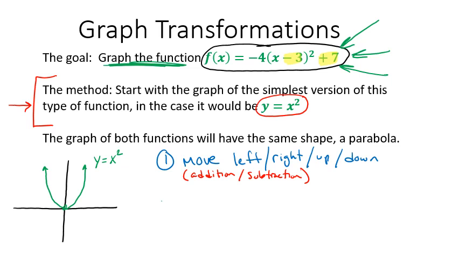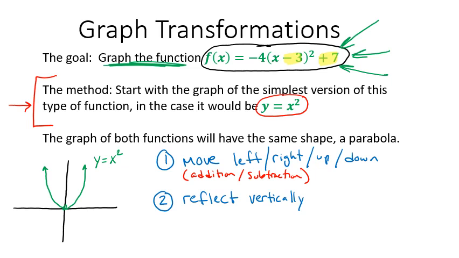Okay. The second type of transformation is reflections. So we've talked about reflections previously already when we talked about symmetry in equations, x-axis symmetry, y-axis symmetry, and origin symmetry.